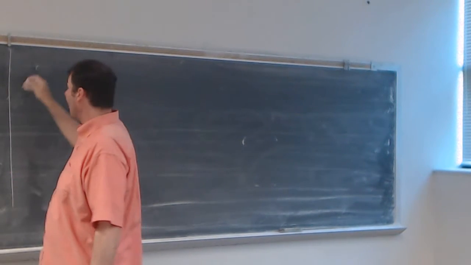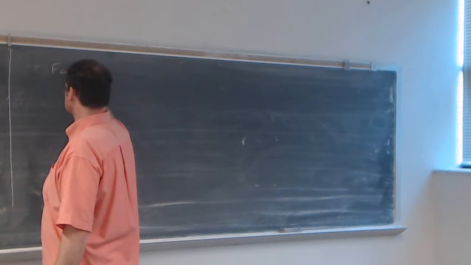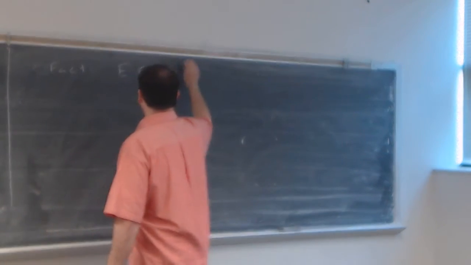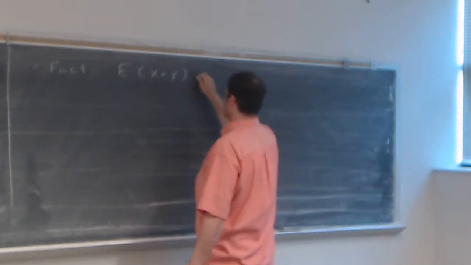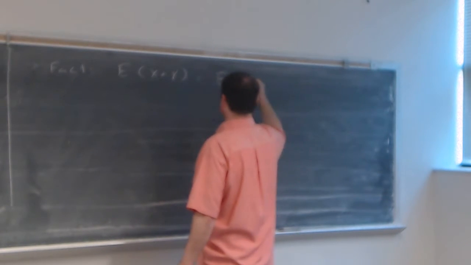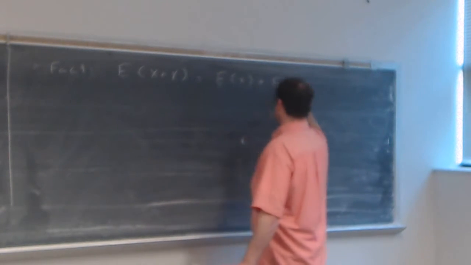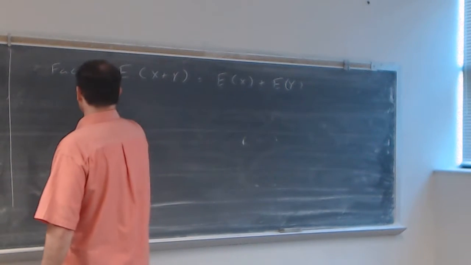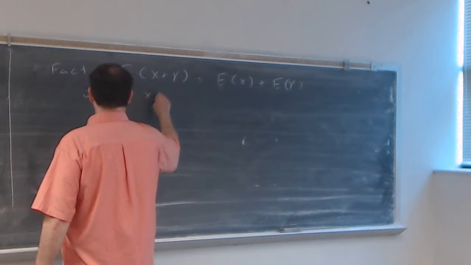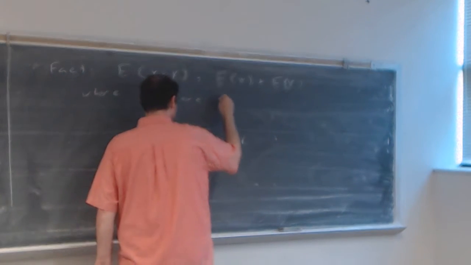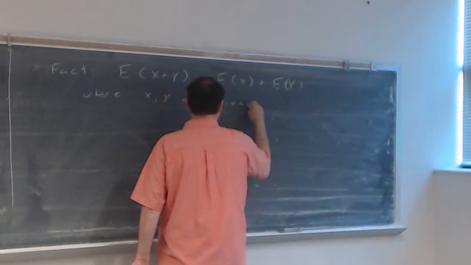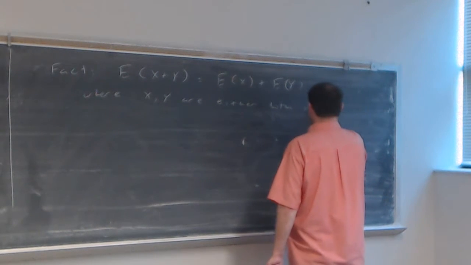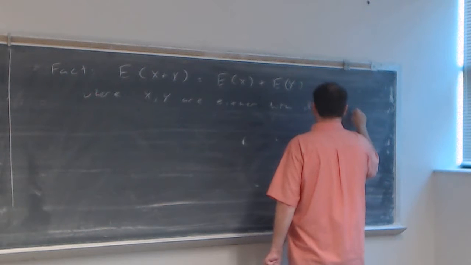As a fact, the expected value of x plus y is equal to the expected value of x plus the expected value of y. And this is where x, y are either both discrete or both continuous.